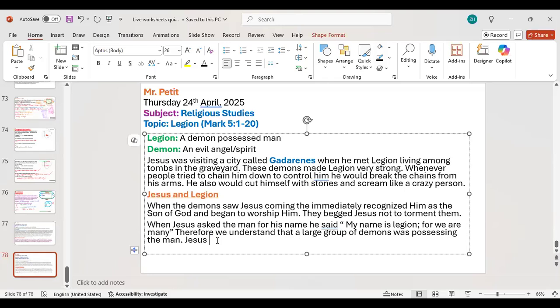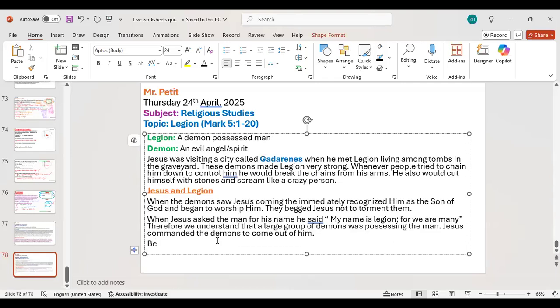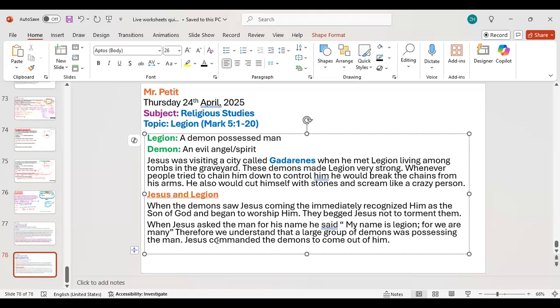Jesus commanded the demons to come out of him. Now, before leaving, they begged Jesus not to send them into the abyss, and to allow them to go into the pigs.